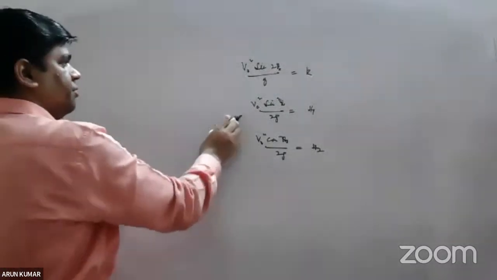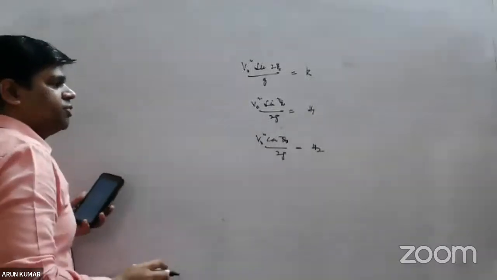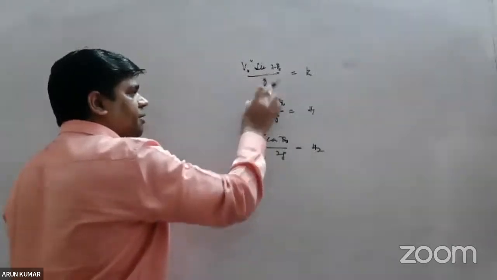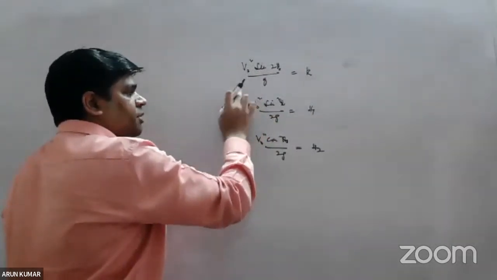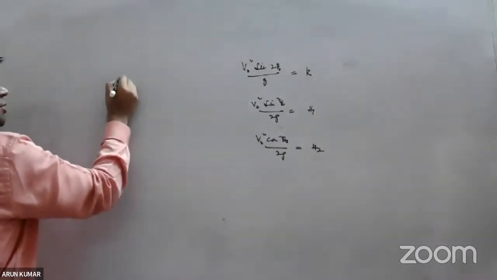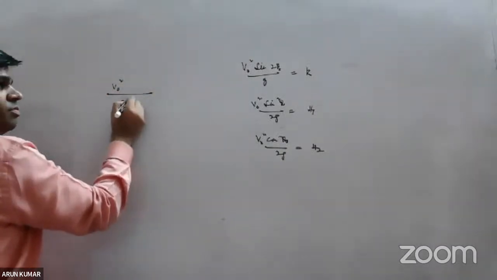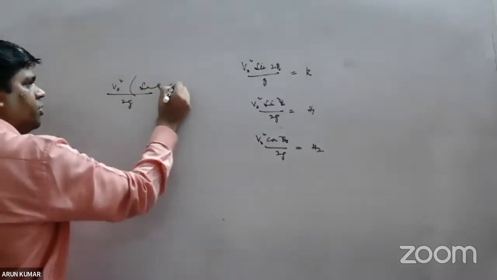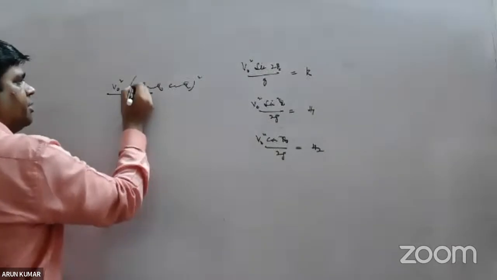I multiply these two. Why am I multiplying these two? Because I'll get sine square into cos square. Here I have got sine into cos. So I multiply these two and square this one. So I'll get H1 H2 equal to V naught square by 2G into sine theta cos theta whole square.